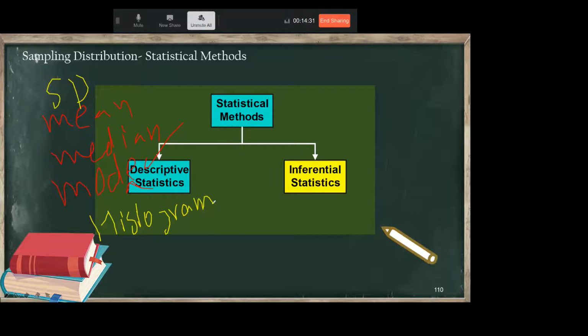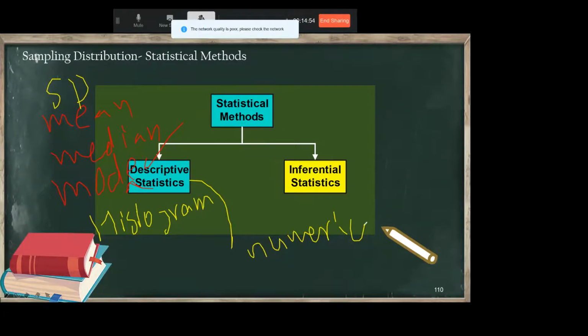Descriptive statistics we use to describe things: how we can describe the data, how we can present the data in terms of numbers, tables, right?